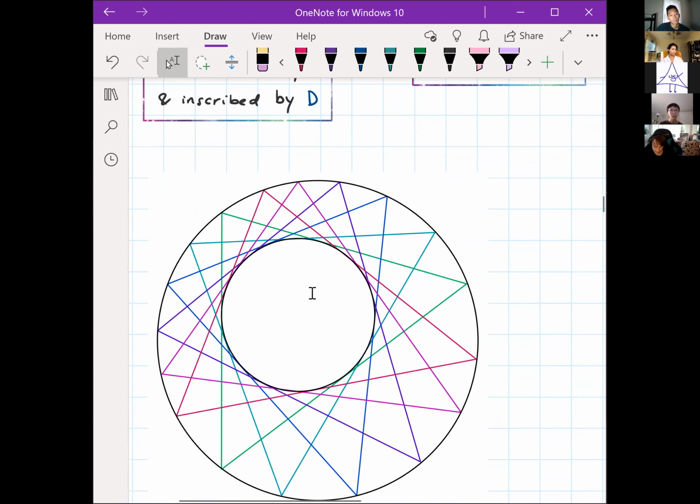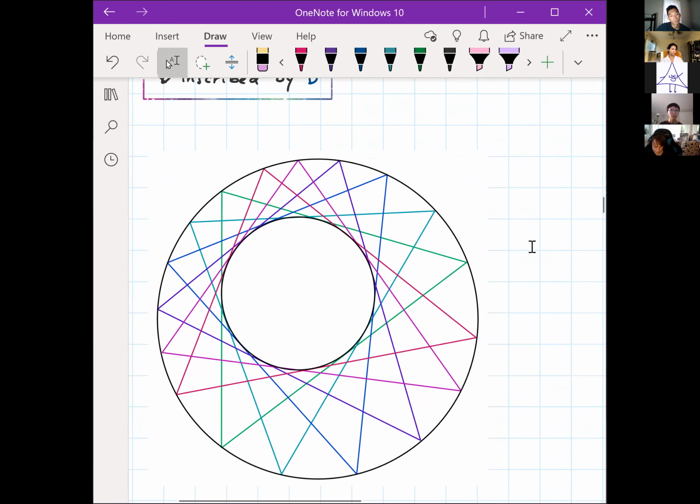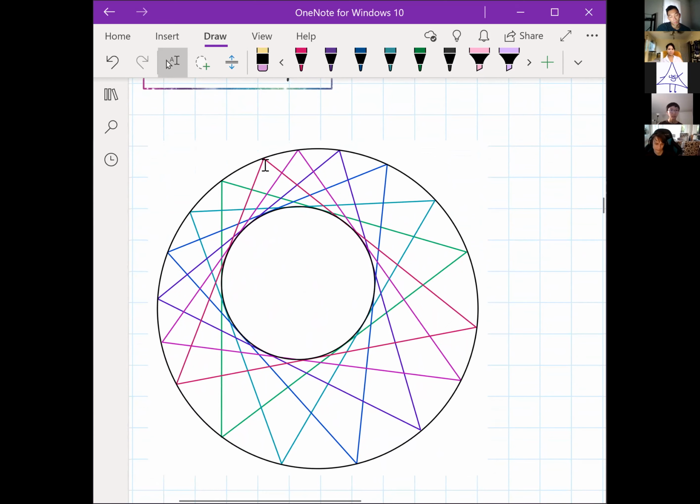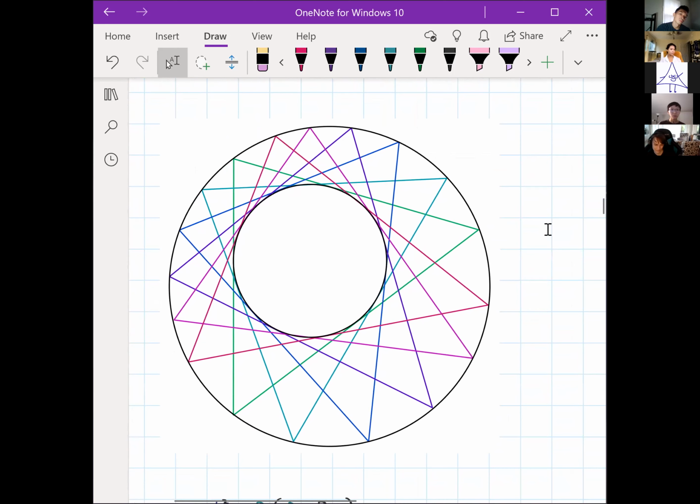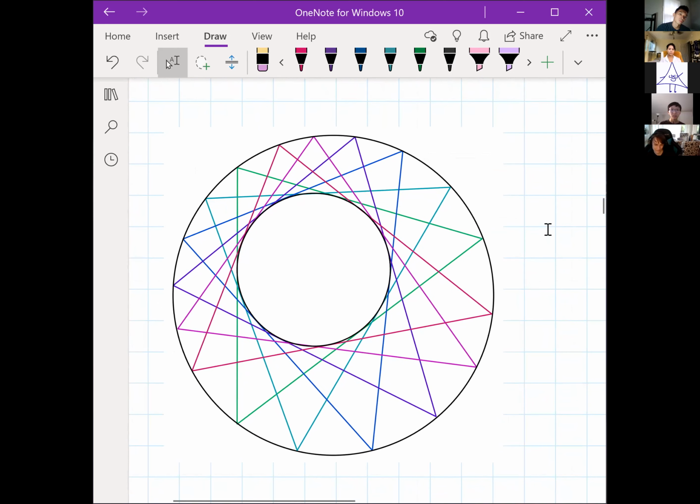I've drawn a finite number of these triangles. I like how it looks like the triangles are just spinning around in there. And if you look in Google, you'll probably find some neat GIFs of the triangle actually turning around in here.